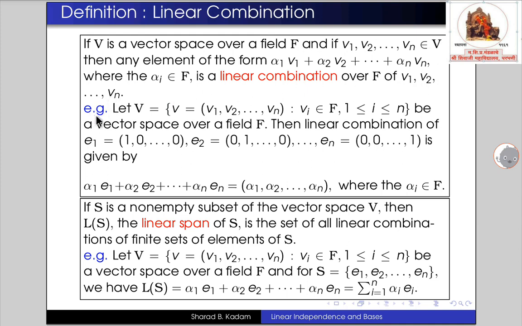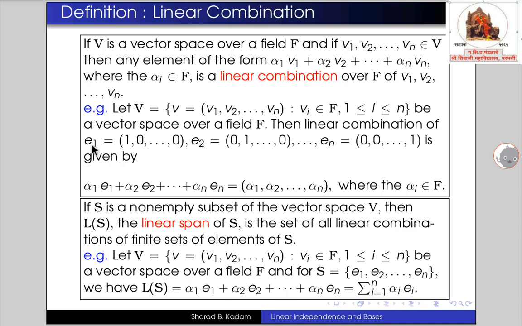For example, we consider the set V, which consists of elements of the type n tuples, where each component is in the field F, as a vector space over a field F. Then consider the linear combination of elements E1, E2, ..., En.